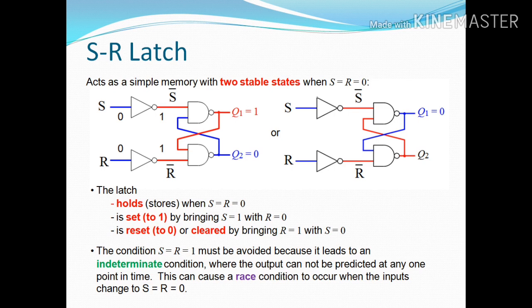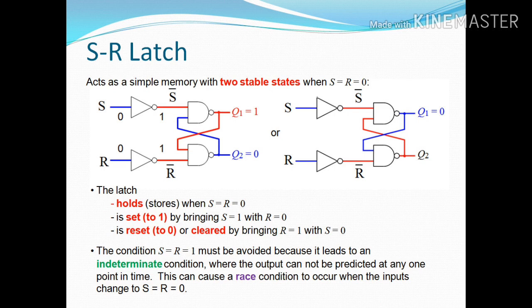Before that I have to tell you, latch means no clock pulse occurs. It has two stable states, or bistable states. See here, the inputs S and R are given, passed through a NOT gate. S complement, R complement is coming.